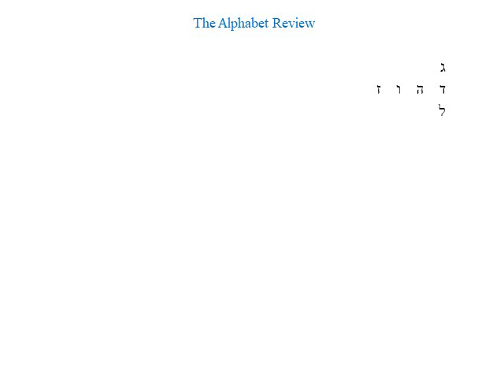This is a Lamed, and the four letters after Lamed are Mem, Nun, Samech, Ayin. This is a Tzadi, and the four letters after are Kuf, Resh, Shin, Taf.